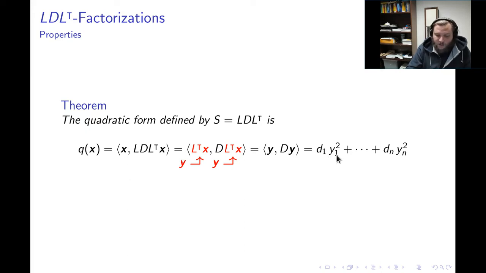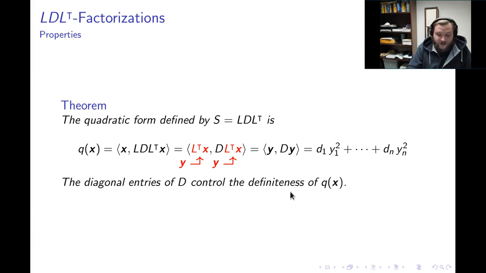So this is d1 times y1 squared plus d2 times y2 squared plus dn times yn squared, where these d's are coming from the diagonal of D, and the y's are the coordinates of L transpose times x. Once we have this expression, what we see is that it's the diagonal entries of D that control the definiteness of this quadratic form. So all we have to do is look at the signs of the diagonal entries of D, and that automatically tells us what the definiteness of the quadratic form is.